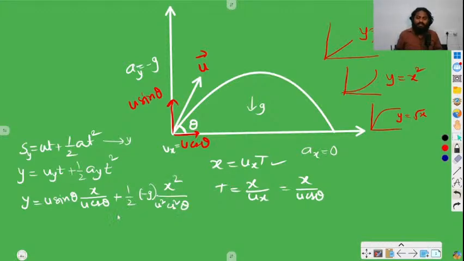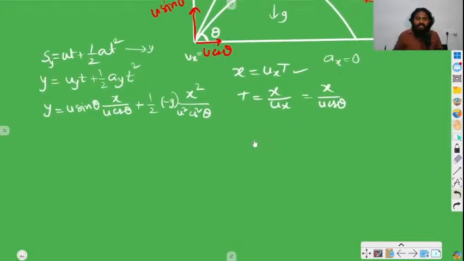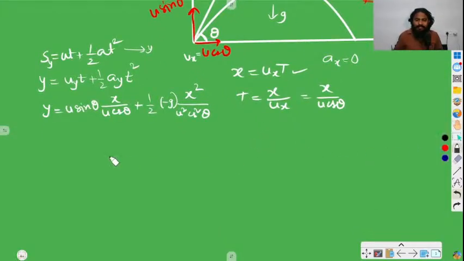This is about the t square. Now I can write this equation like this. Y is equal to, here u gets cancelled. Now what is there? Tan theta into x minus g by 2u square cos square theta x square, right?